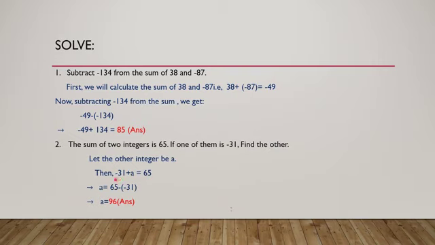If I take 31 to the other side of the equal sign, it has to become positive. So 65 plus 31 is 96. Your other number is 96. If I check, 96 plus minus 31, my answer will be 65. So this is all we have.